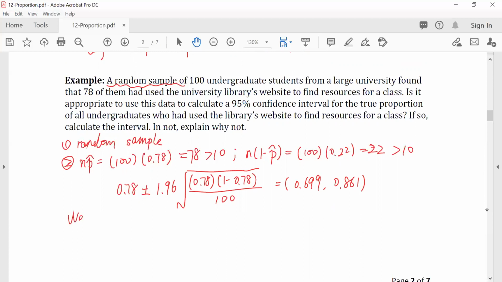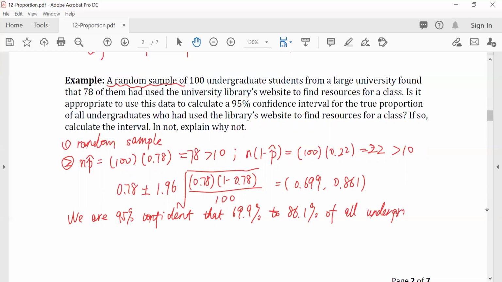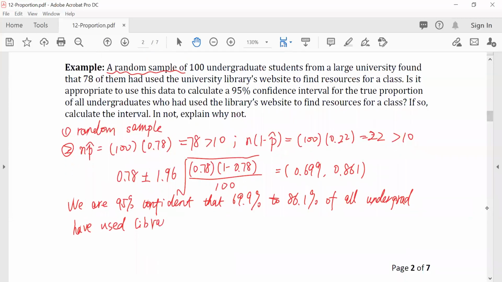So we are 95% confident that 69.9% to 86.1% of all undergraduate students at this large university have used the library. Okay, I will stop it here.